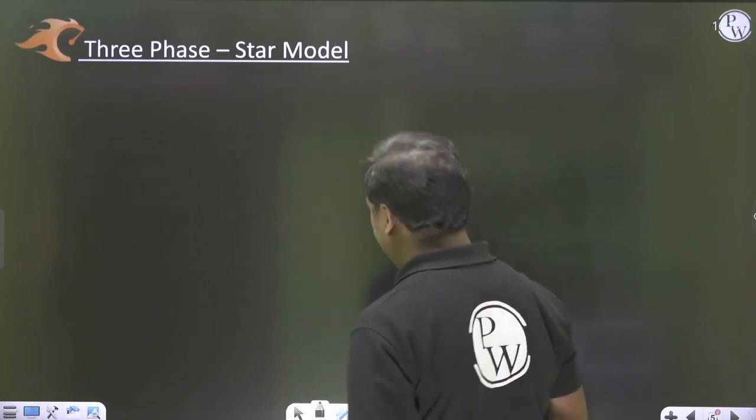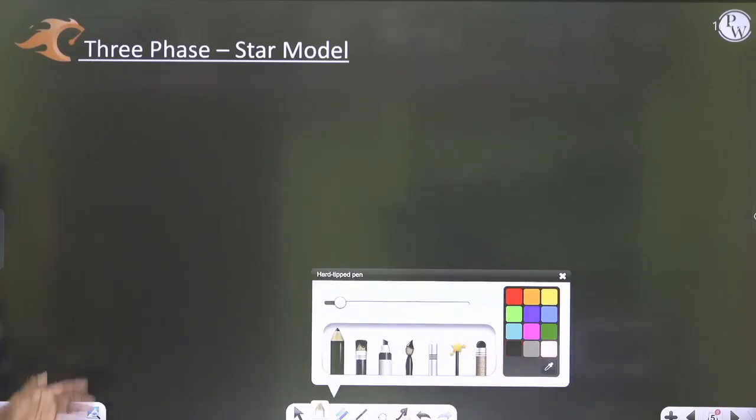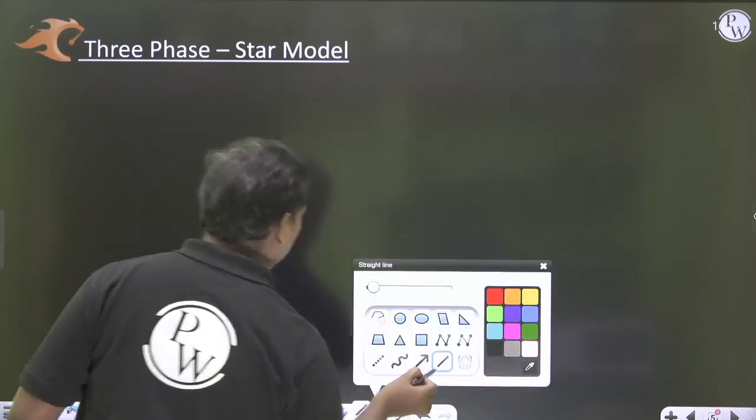Now let us see a three-phase star model, how it works. Let us see once again.